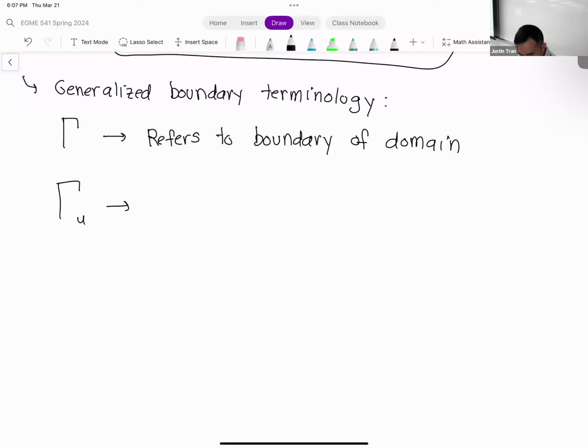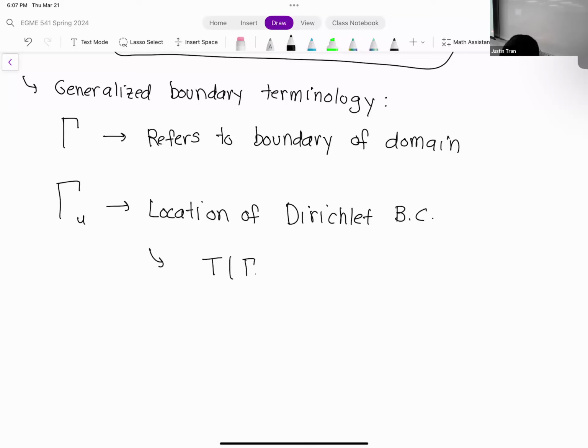So if we do a gamma subscript U, this refers to the locations of the Dirichlet boundary conditions. In other words, we can say that T of gamma U is equal to T naught.